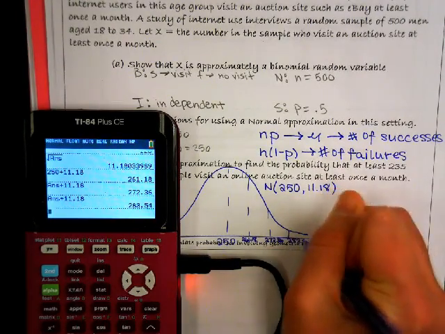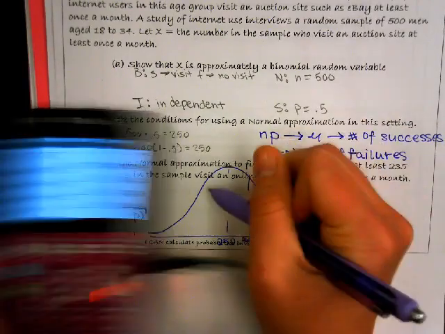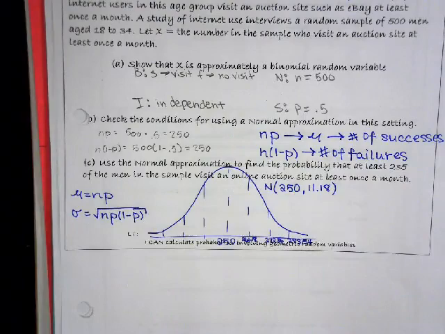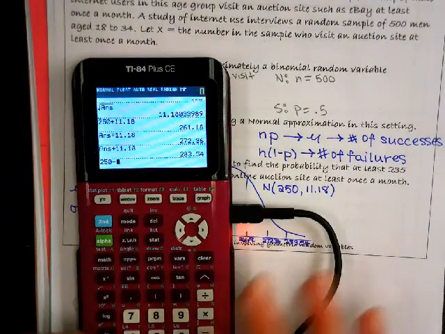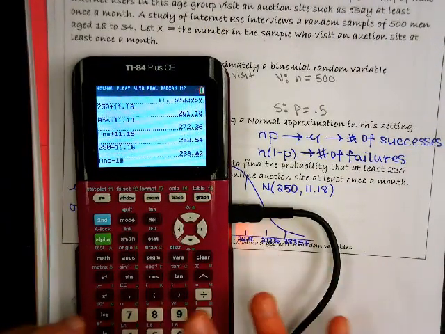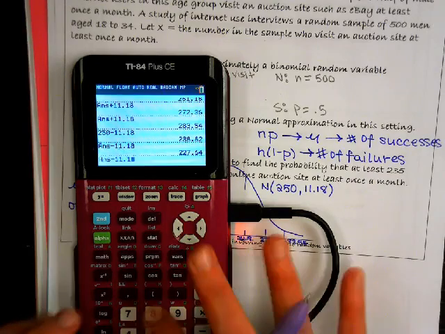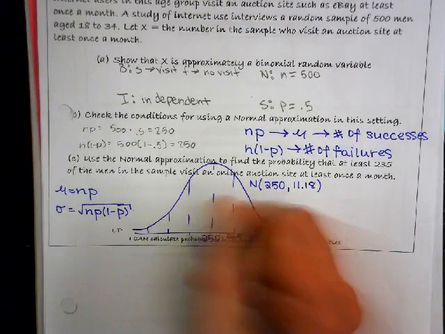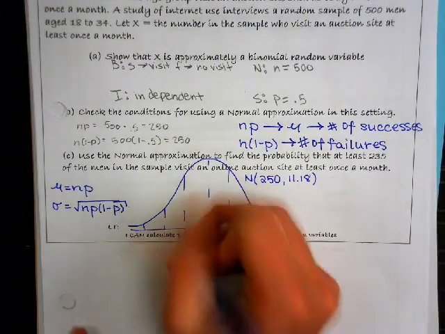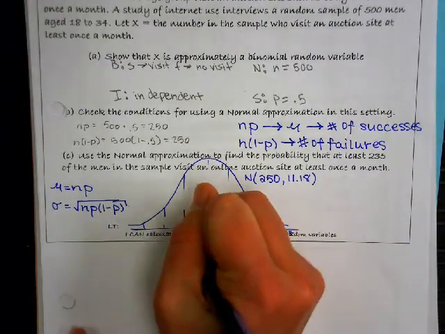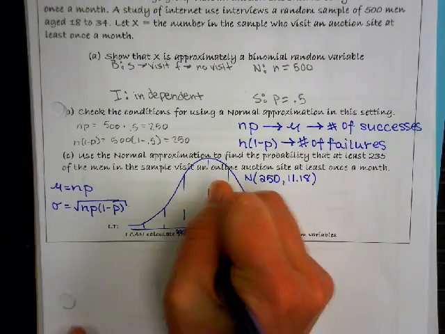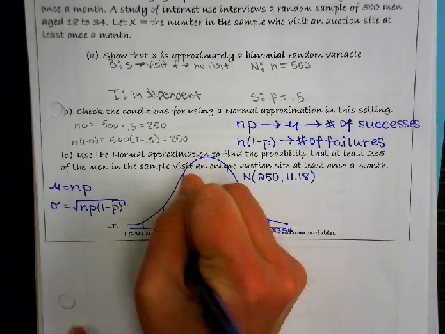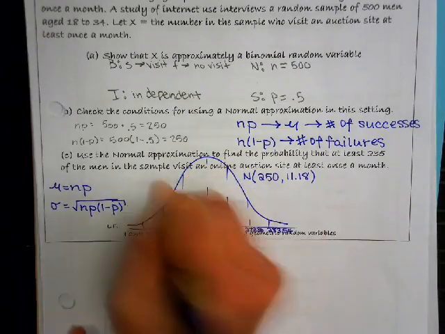And then we're going to subtract the 11.18 for the other side. So we have 238.82, 227.64, and 216.46.